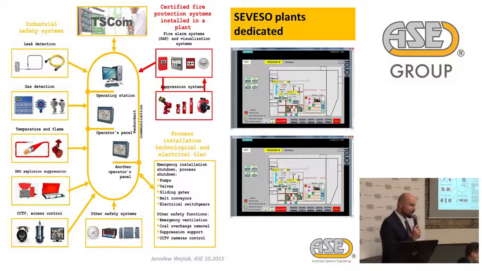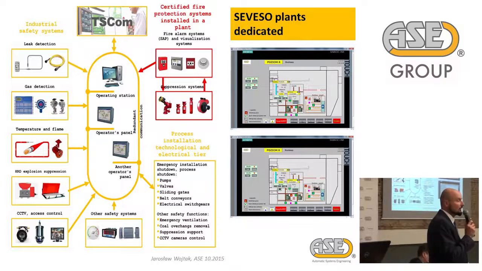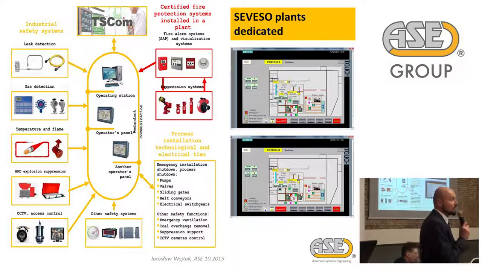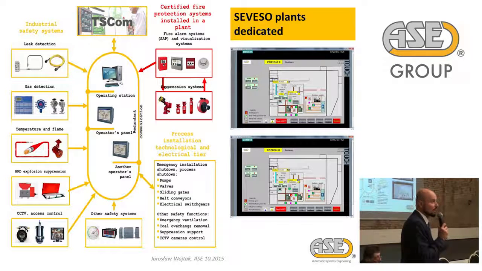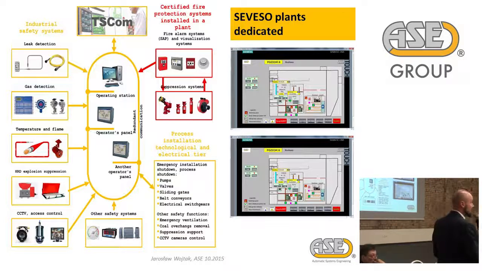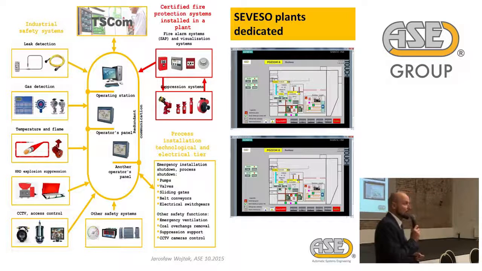What does it mean to integrate this information, to collect it together into one system? For example, you can put into Total Safety Commander all your safety systems: information about your firing systems, from your cameras, from your linear temperature systems, from the gas detectors, and so on.